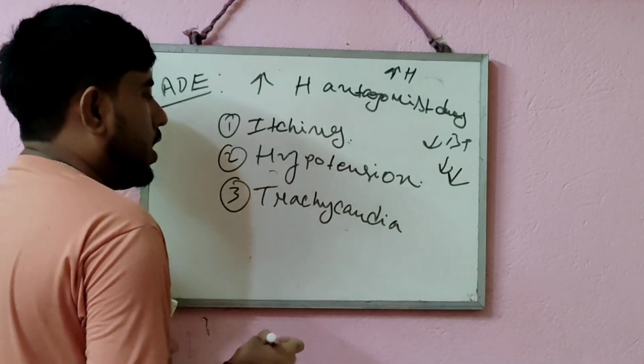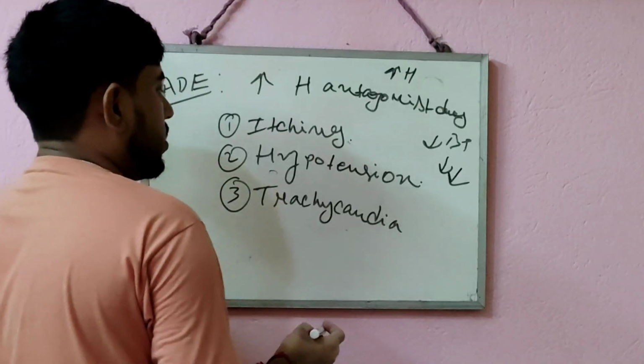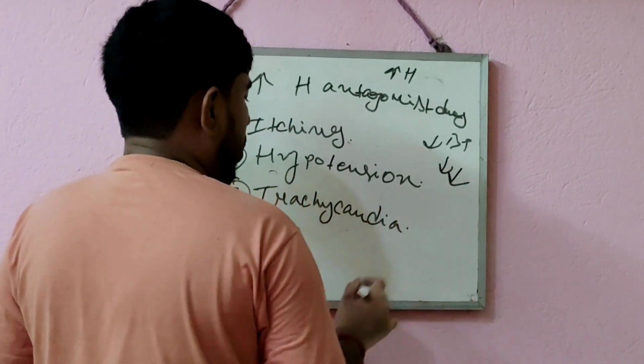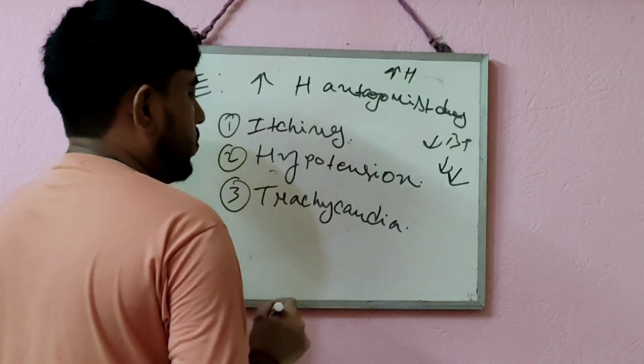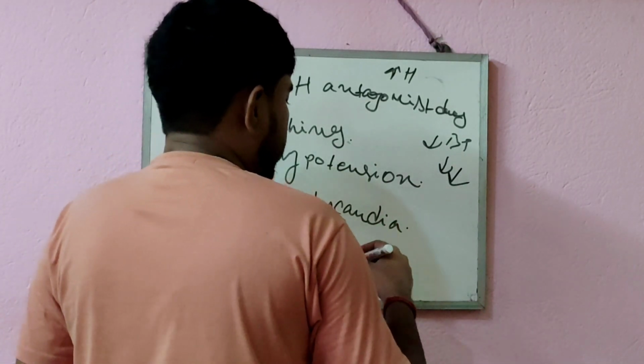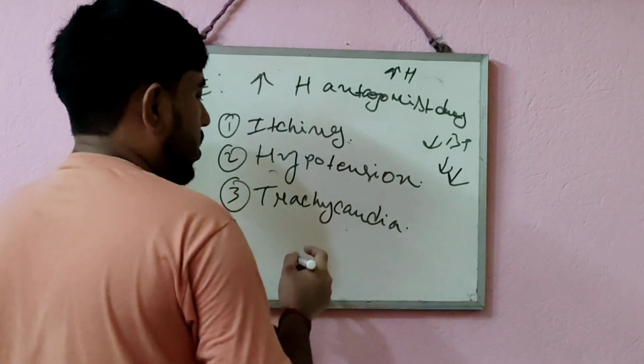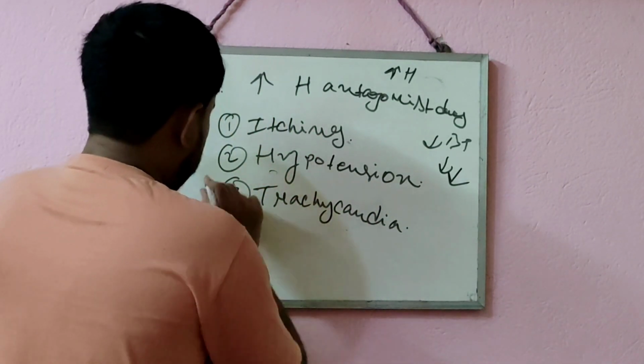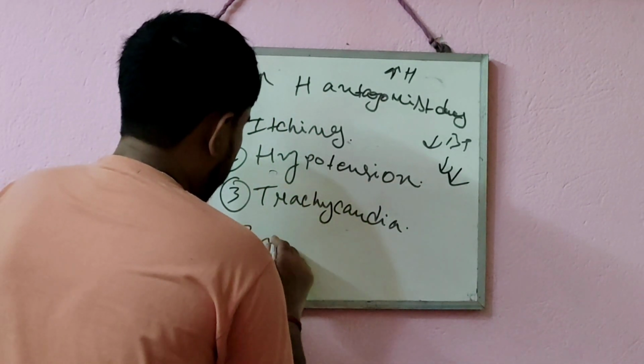Sometimes, due to the bronchodilation, because I have told you that histamine generally constricts the bronchial smooth muscle, it can cause tachycardia due to high consumption of these drugs for a prolonged period of time. The fourth is bronchospasm.